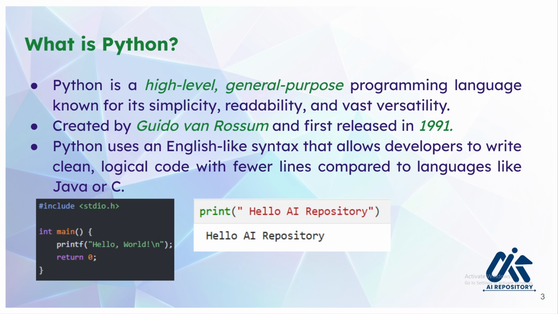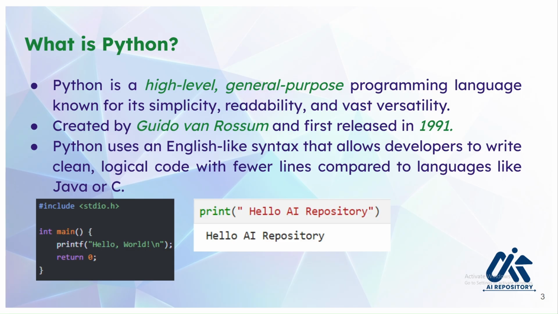Need not to mention, machine learning, deep learning, large language models, generative AI, the entire AI umbrella is using Python as the prominent programming language. So it is a general-purpose programming language. It was created by Guido van Rossum and was first released in 1991, approximately 35 years back from today.